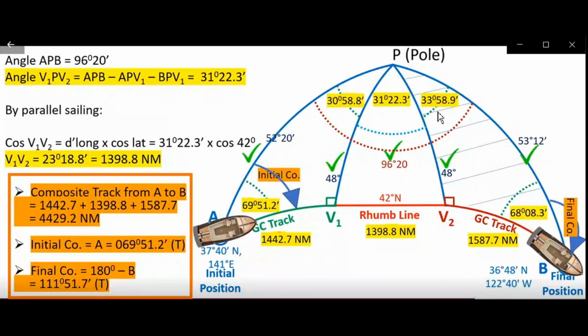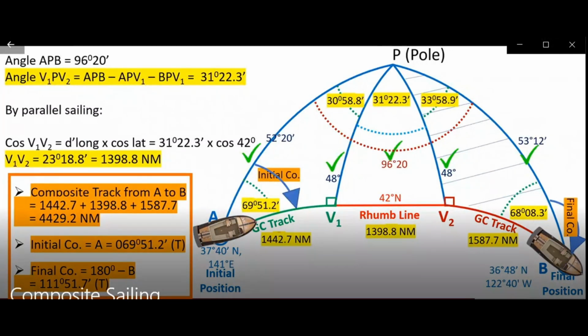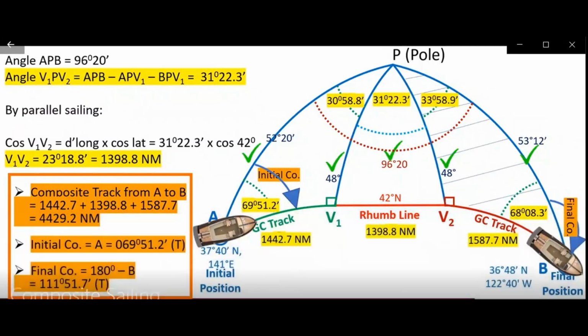Excuse me, sir. You speak, beta. The D long of V1 V2 we can calculate by getting the longitude. Beta, someone's background has hammering noise, so other people can mute their mics please. Now tell me your doubt, beta. I calculated the longitude of V1 and V2. Okay, the other way to get the D long between V1 and V2. That's right.